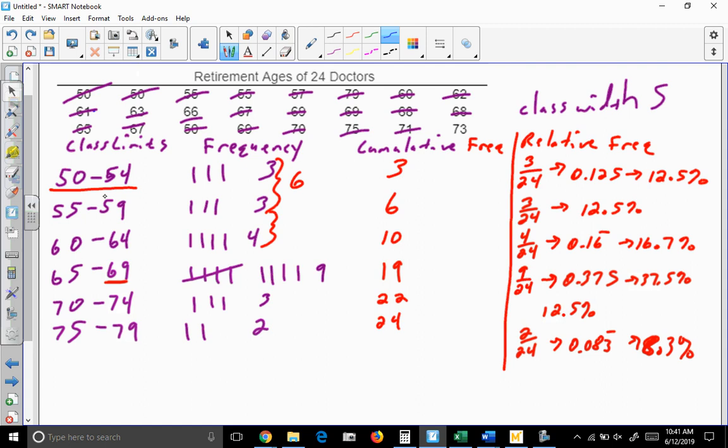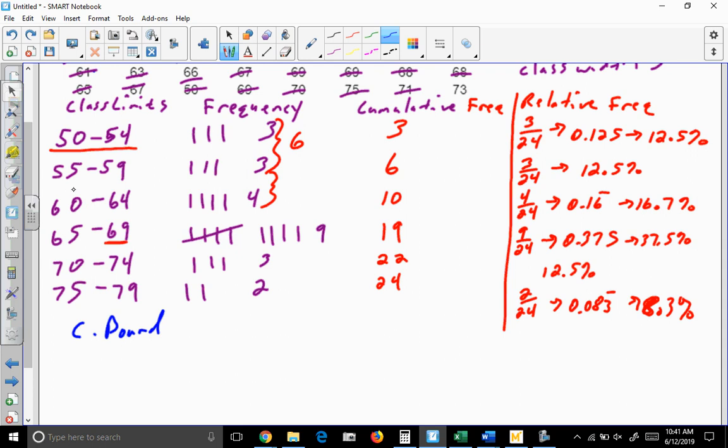So remember the way we get the class boundaries is we subtract a half unit from the bottom end and we add a half unit to the top end. So if we subtract half a unit from 55, we're at 54.5. And if we add half a unit to the upper end, that gets us to 59.5.